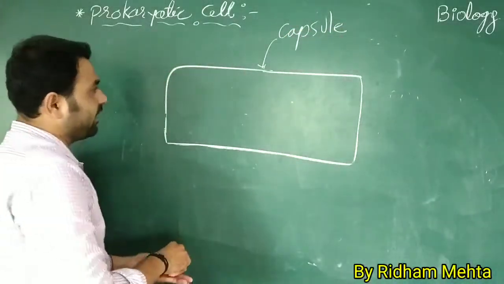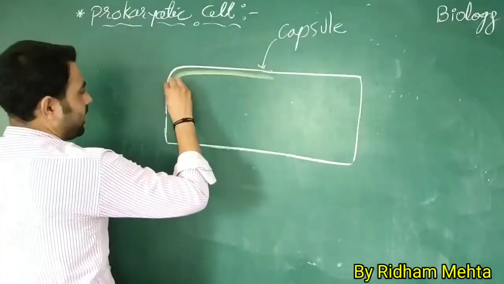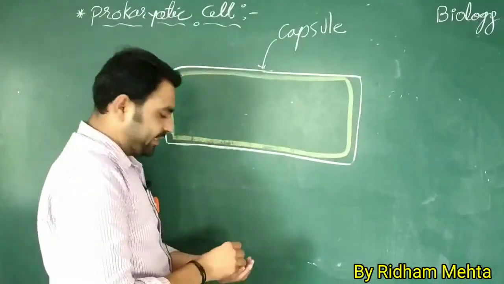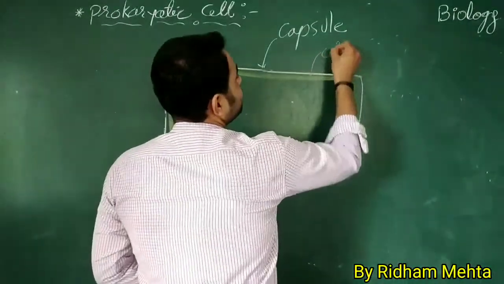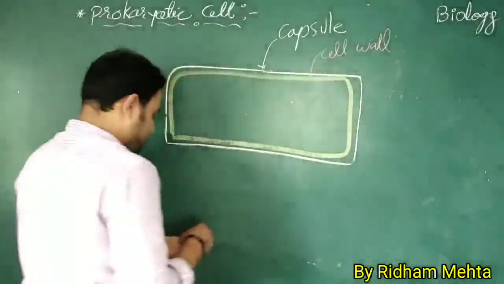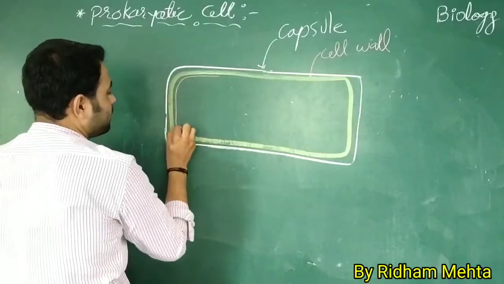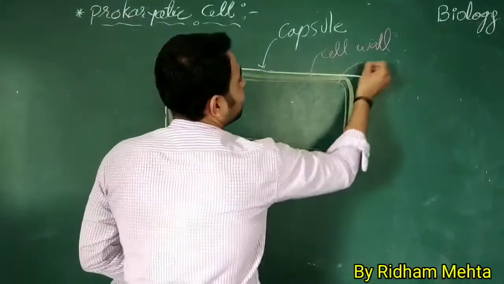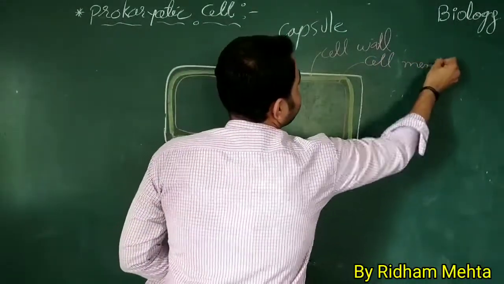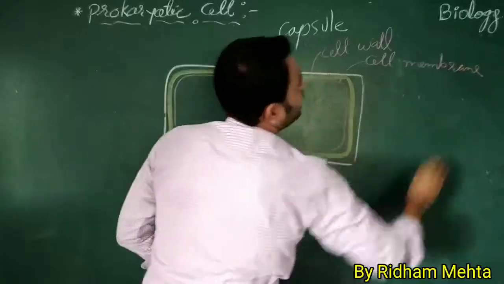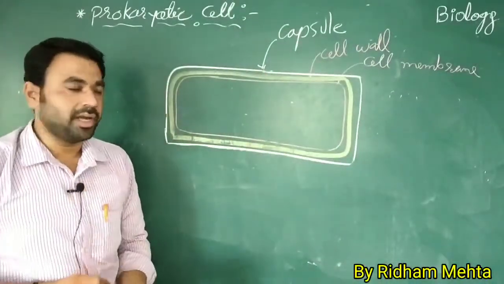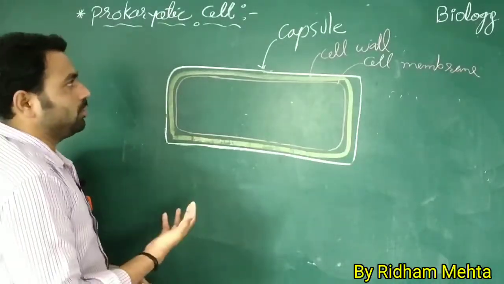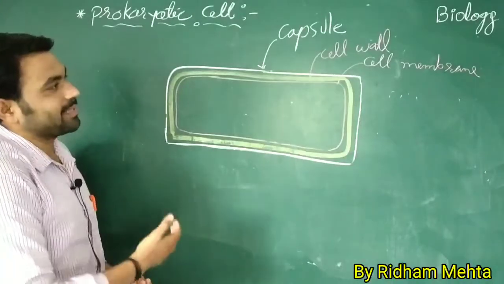Now the second thing, after the capsule, there is the cell wall, which is the protective part of the bacteria. And below the cell wall there is a thin but double layered cell membrane. So bacteria have 3 different layers: capsule, cell wall, and cell membrane.